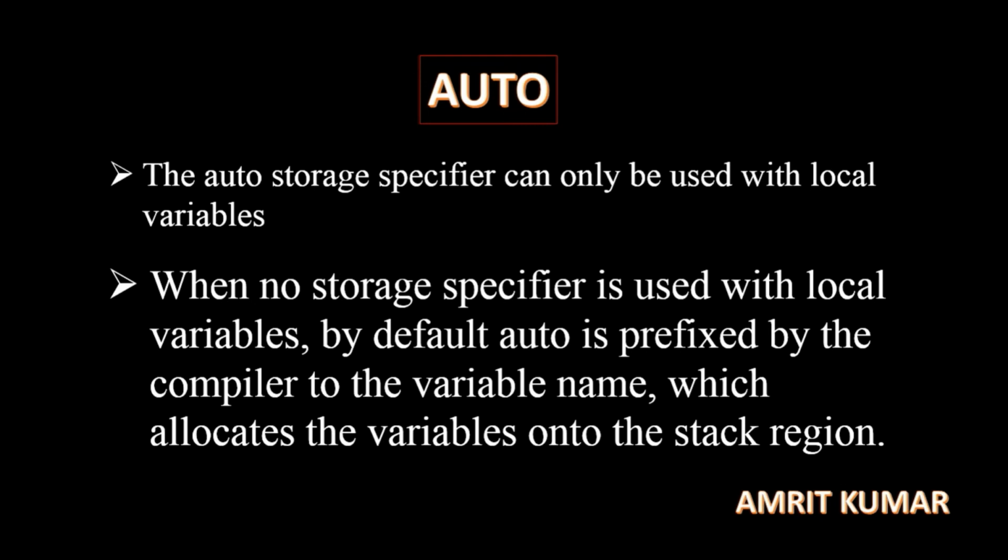This is the first point of the auto storage specifier, and when no storage specifier is used with the local variable, then by default auto is prefixed by the compiler to the variable name, which allocates the variable onto the stack. This is a very important point about auto.